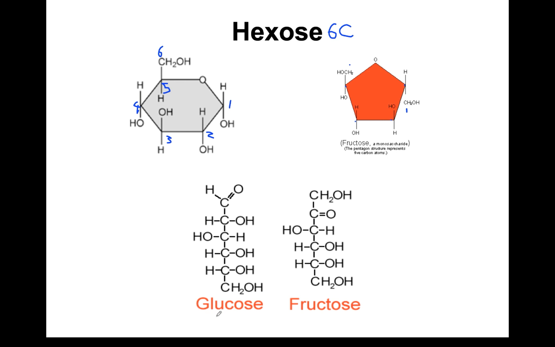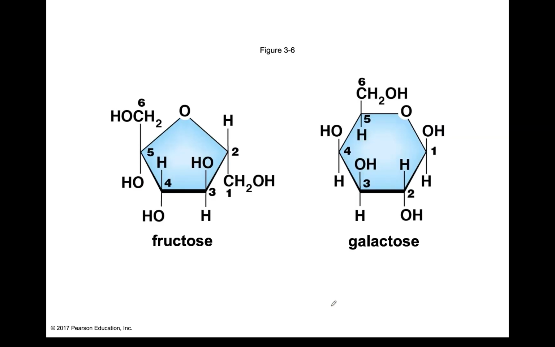So the examples of glucose and fructose are monosaccharides, and they have 6 carbons. Also fructose and galactose have 6 carbons: 1, 2, 3, 4, 5, 6. And galactose also 1, 2, 3, 4, 5, 6. So they are examples of hexose.